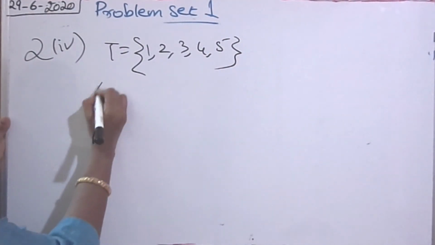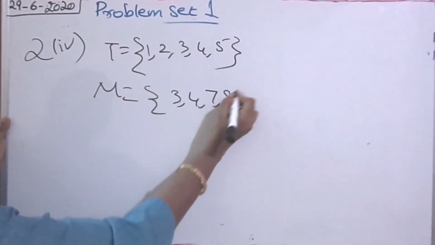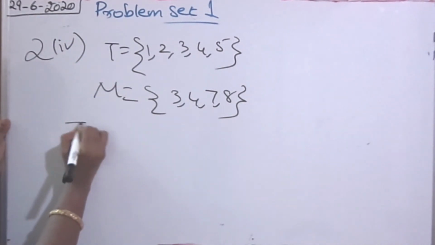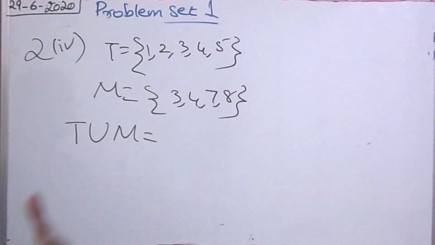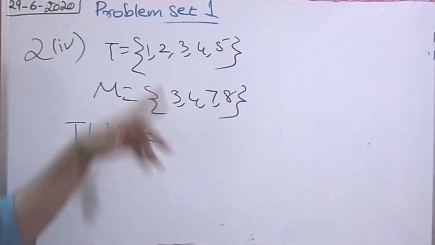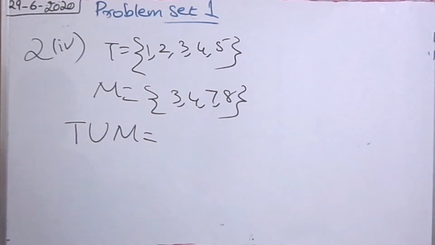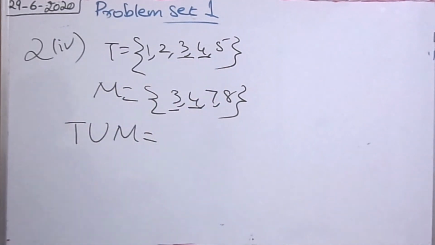M is given the elements 3, 4, 7, 8. You have to find T union M. What do we mean by union? Joining. We have to join the two sets, but common we have to write once only. So first underline the common. 3 is common, 4 is common.